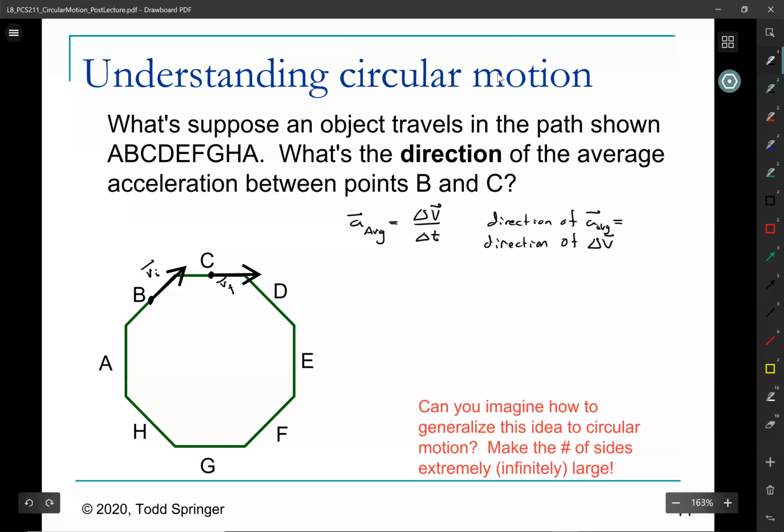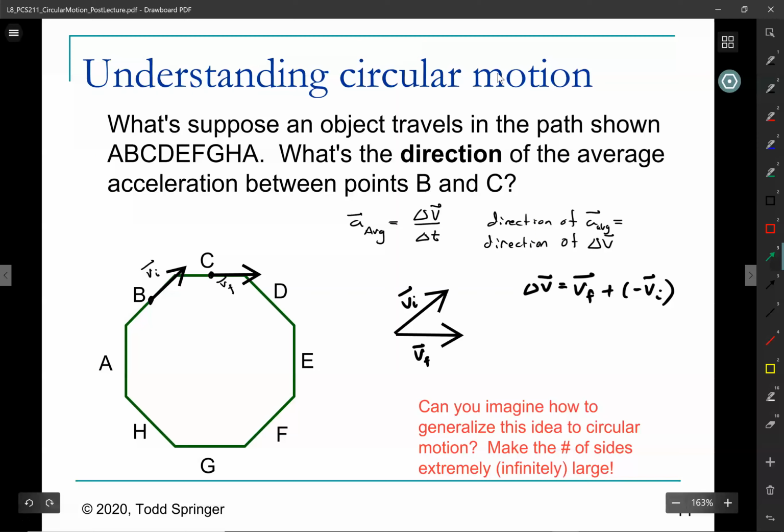So let's try to line those vectors up. VI will be something like that. VF is something like this. If I had drawn it precisely, they should be exactly the same length. And what's the direction of delta V? This will be VI. This will be VF. Delta V is VF minus VI, so final minus initial.